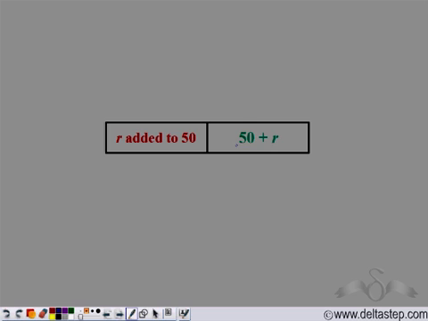But normally, we write it like this, 50 plus r. Another important thing to note over here is 50 plus r is the same as r plus 50, because this is addition. So whether you add 50 to r or you add r to 50, it remains the same.